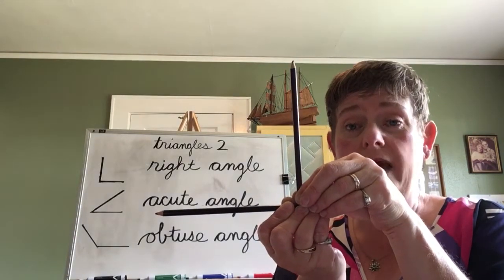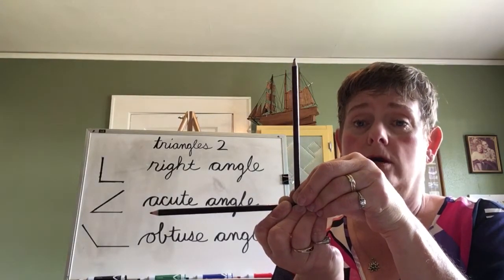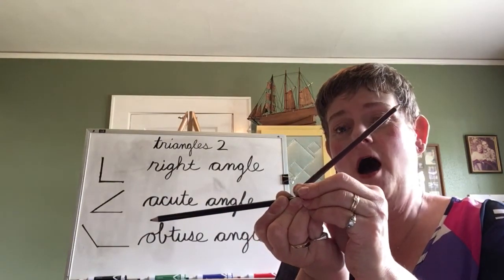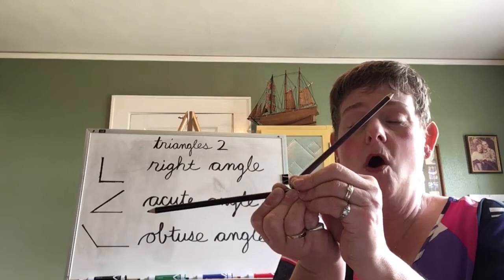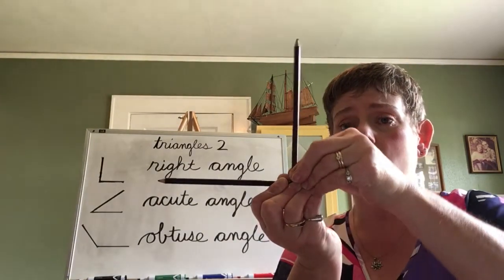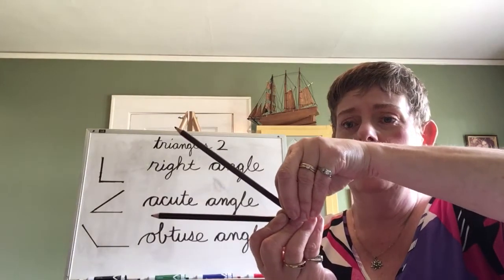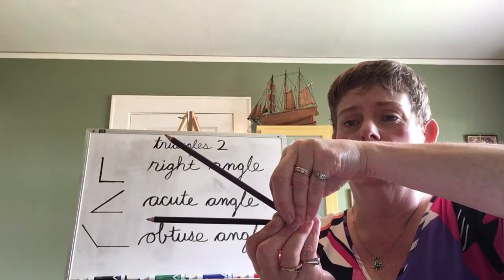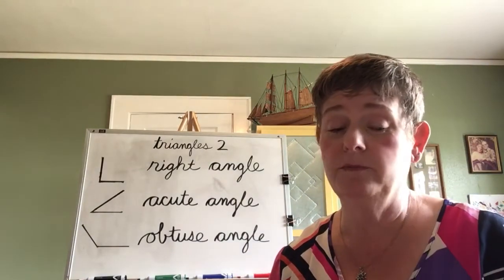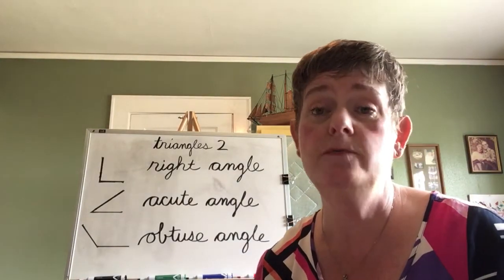That means it's wider open. It's broader. It's a broader angle. There's our obtuse angle. Let's go all the way over and make an acute angle. Ooh. Now we have our acute angle. So that's a fun game you can play with the angles just using two pencils.